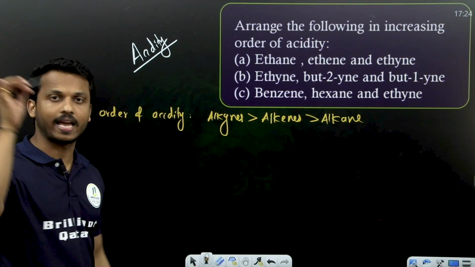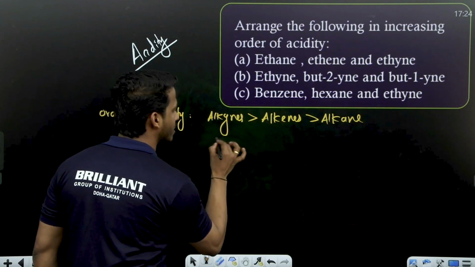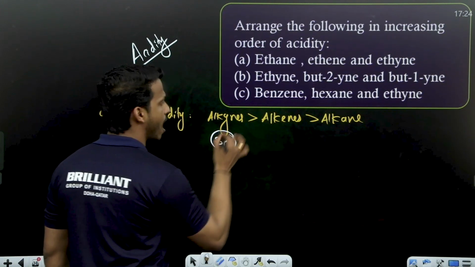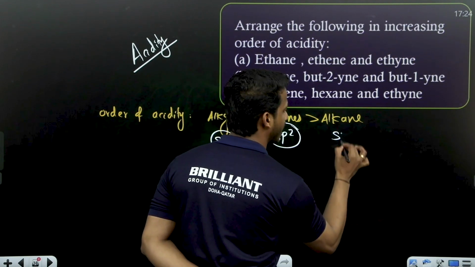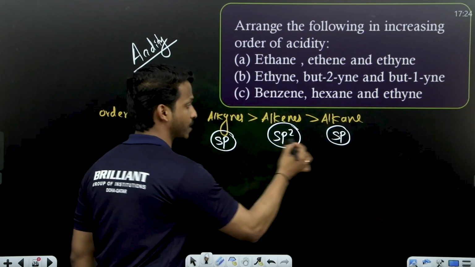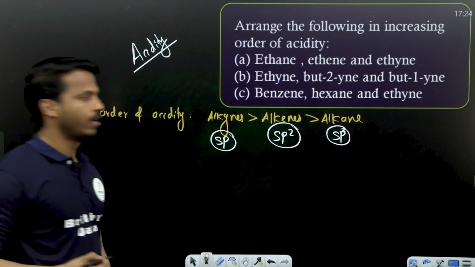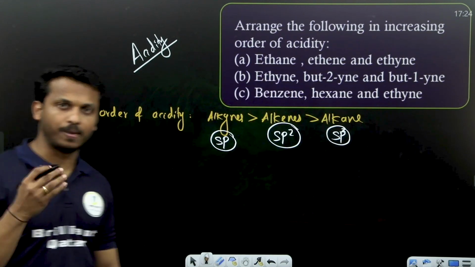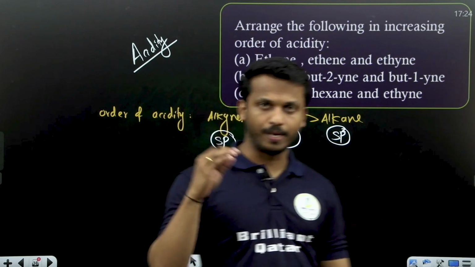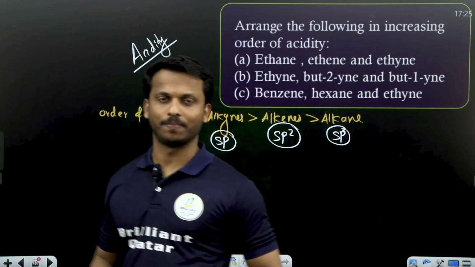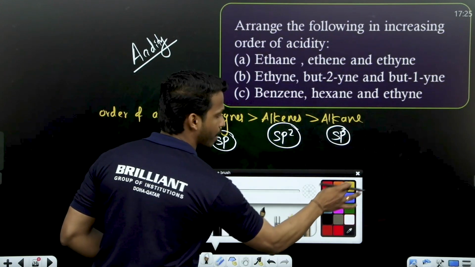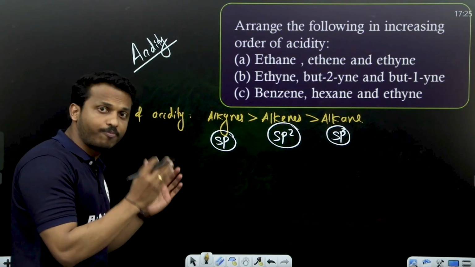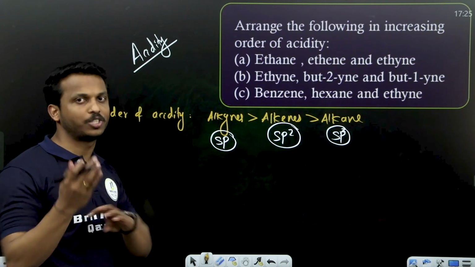The reason is their S character. Alkynes are sp hybridized. Alkenes are sp2 hybridized. And alkanes are sp3 hybridized. Once again, alkynes are sp, alkene carbons are sp2, alkanes are sp3. Where you have more S character, you may study it. sp hybridization means half percentage S character, half percentage P character, right?